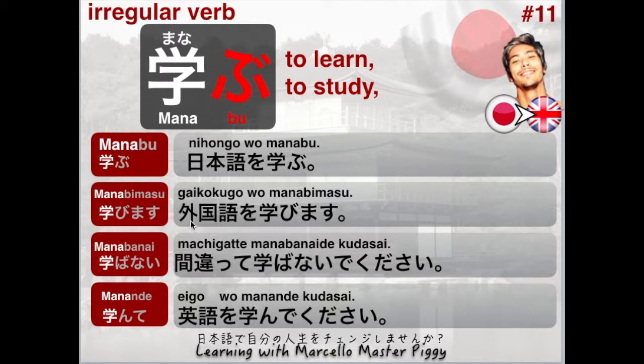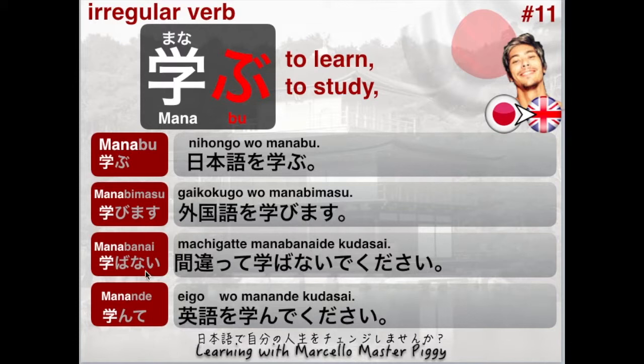So when we say, for example, 外国人, with the kanji for person here, we are referring to foreigners or non-Japanese citizens. And go means language. So 外国語 is other languages. It can be English, Portuguese, French, Spanish, whatever that is not Japanese. So 外国語を学びます. Like I'm learning a foreign language.